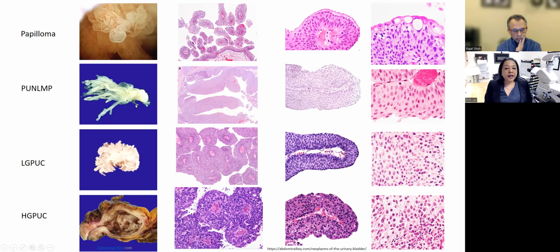PUNLMP again has very simple papillae with an exophytic growth pattern, which is lined by hyperplastic looking urothelium with mild to very slight atypia. A low-grade papillary urothelial carcinoma has obvious nuclear atypia with fusion of papillae, and high-grade papillary urothelial carcinoma has pleomorphic, high-grade looking nuclei, and is the easiest to really diagnose.